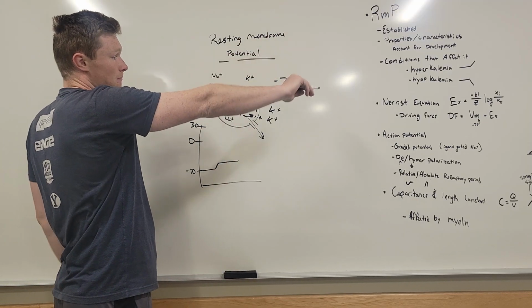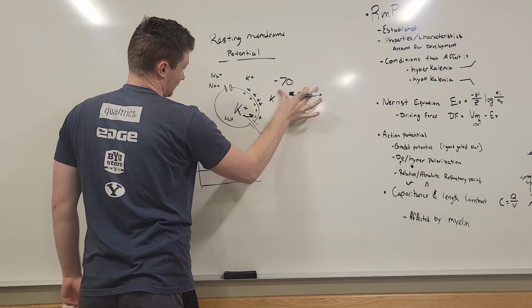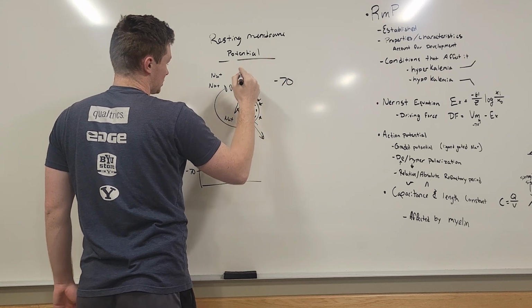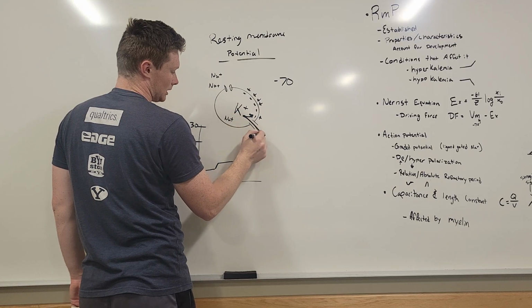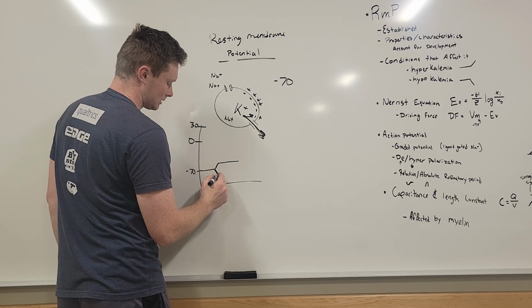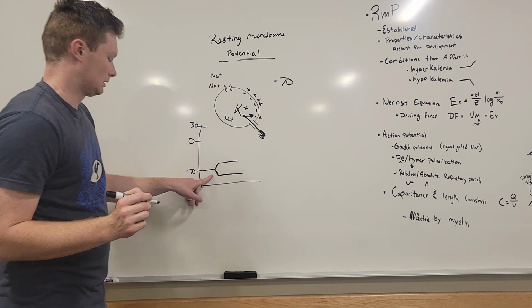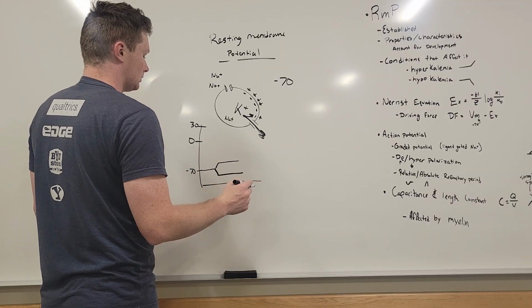If we have hypokalemia, so that's, say we get rid of a lot more potassium, almost all of it, right? We're going to have a higher concentration gradient than an electric gradient, and thus our resting potential will go down. See that? There's different things that you can do.